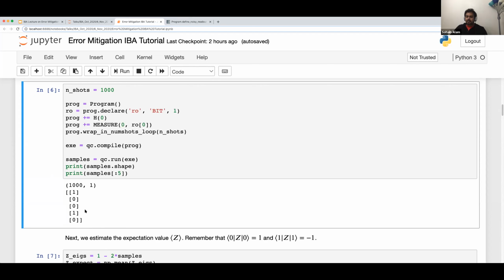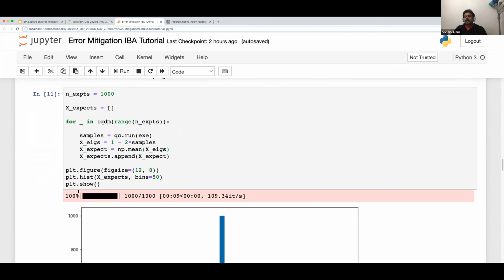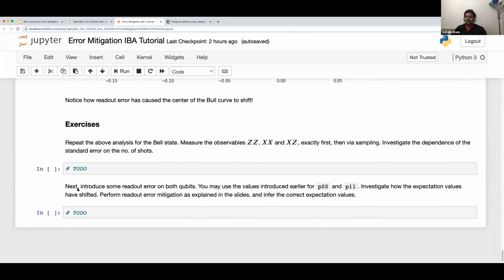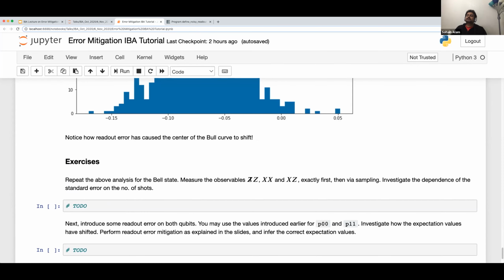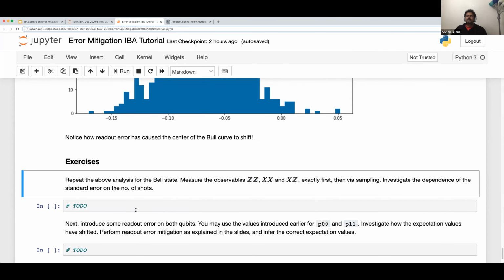A common mistake that people make is that they will take the average of this column and then multiply that by the average of that column. That's not the right way of going about it at all, right? Well, you should definitely try it. But there's one correct answer for ZZ in the Bell state, and that is equal to 1.